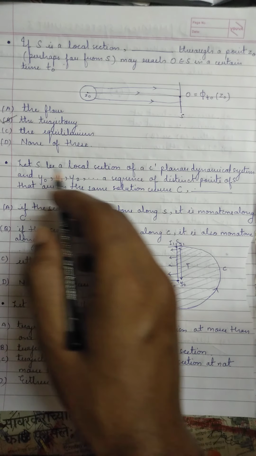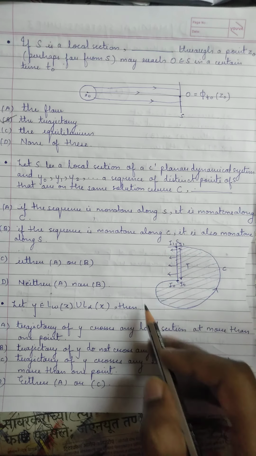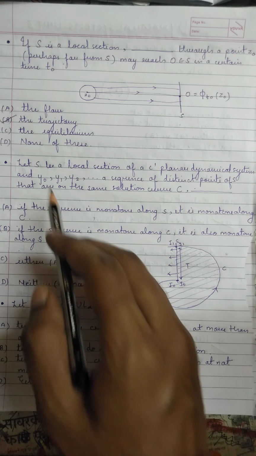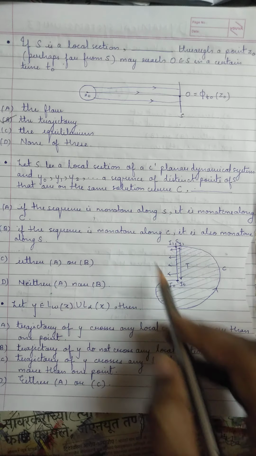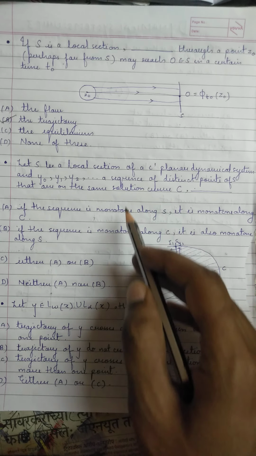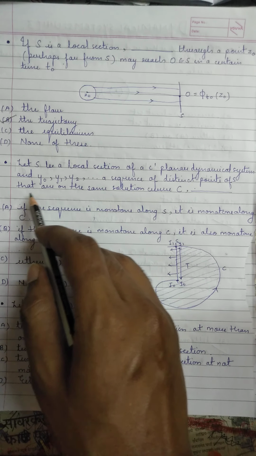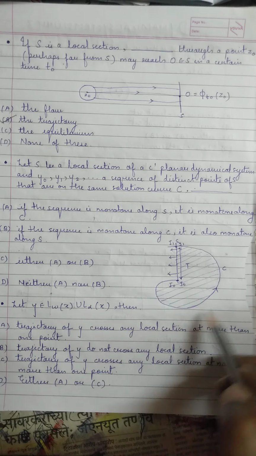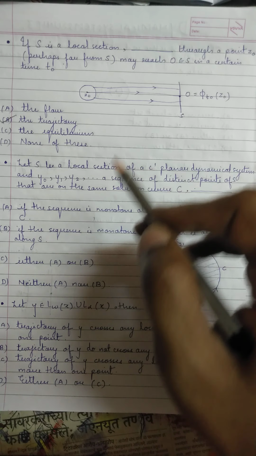Let S be a local section of a C1 planar dynamical system, and y0, y1, y2, yn will be like this, a sequence of distinct points of S that are on the same solution curve C. This is the solution curve, and it will go on like this.